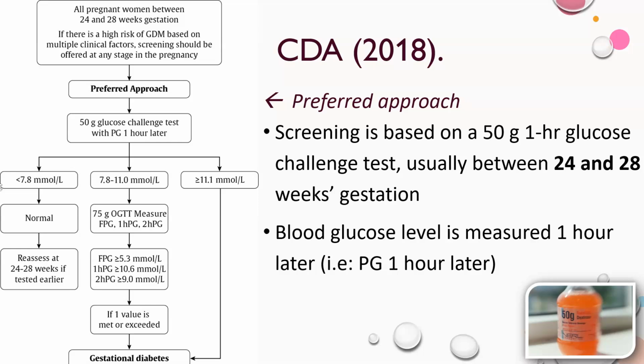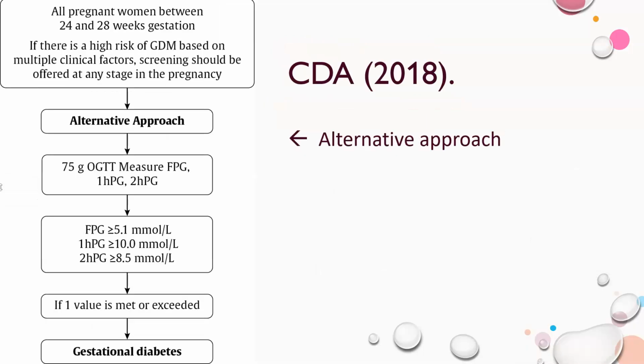If one or more value is met on that one, you can see the diagnosis of gestational diabetes is made. If they do this 1-hour test and they're greater than 11.1, then they go right to a diagnosis of gestational diabetes.